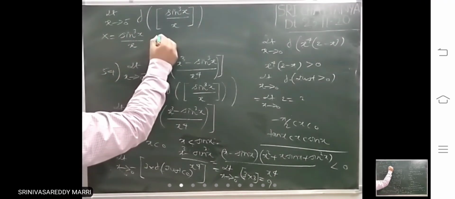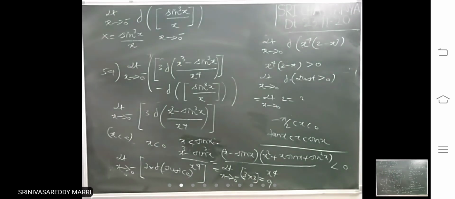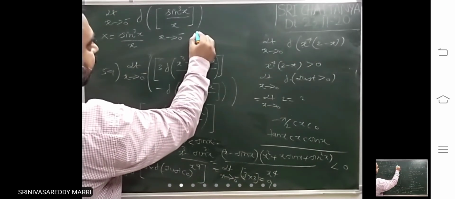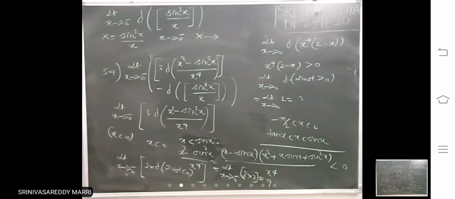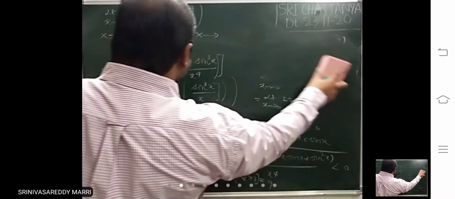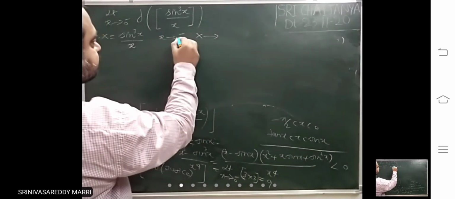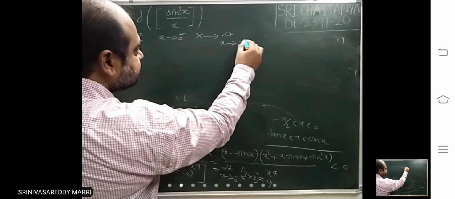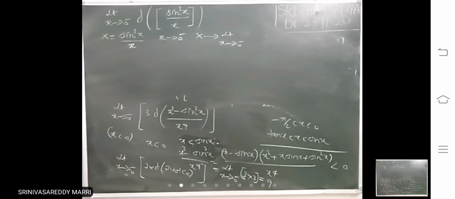Now x is tending to 0 minus. That means capital X will tend to what? When x is just less than 0, what is the value of capital X you have to calculate?